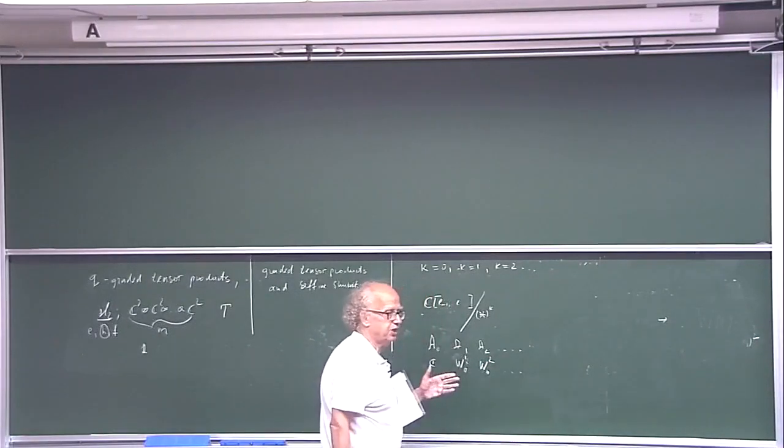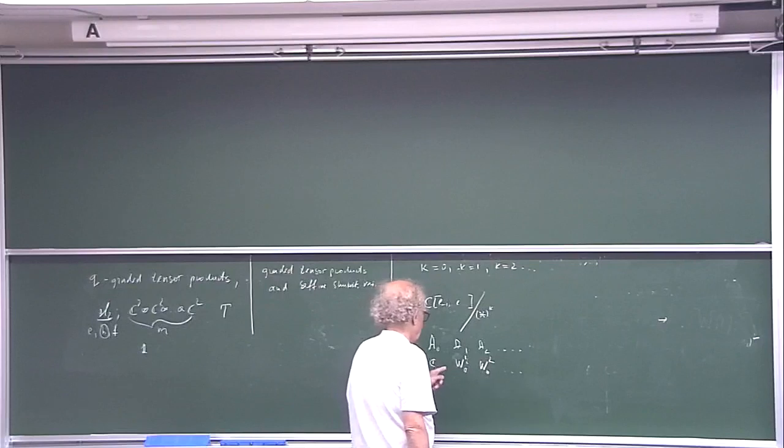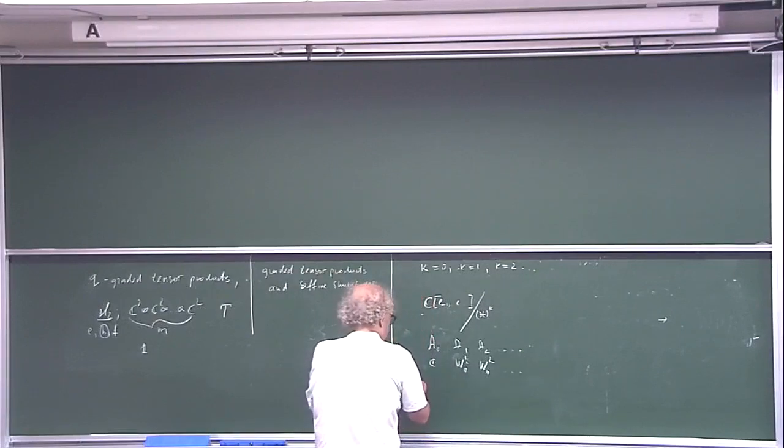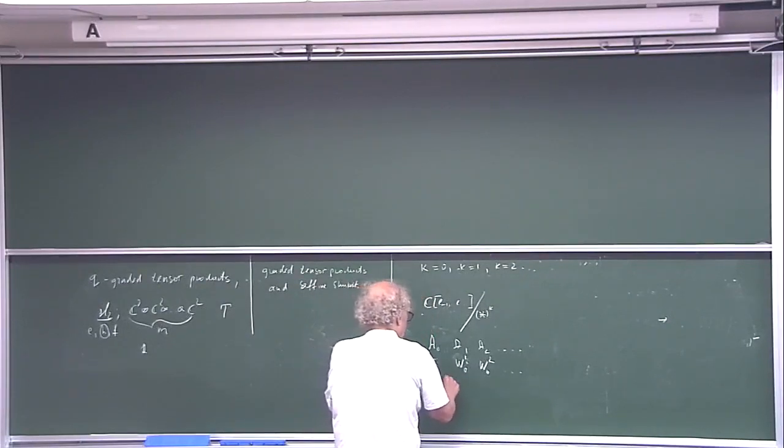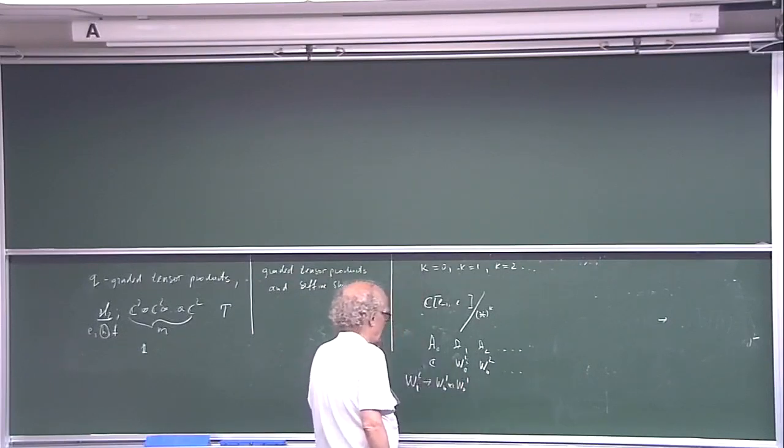There are such kinds of constructions, and we have a co-multiplication map that W2 goes to W1 times W1, and I explained how.